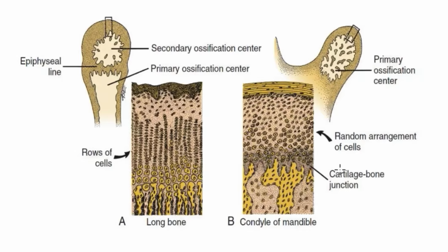So this diagram showed you firstly the straight vertical rows of cartilage cells, and secondly the random arrangement of the cells in the condyle as opposed to the long bones.